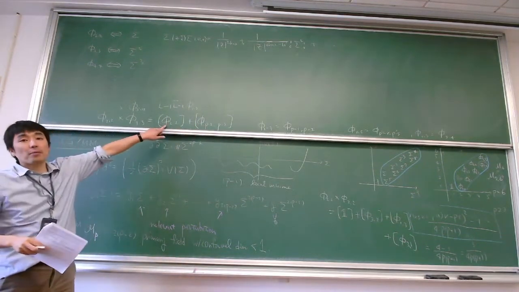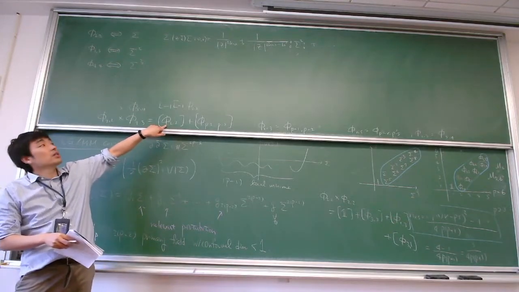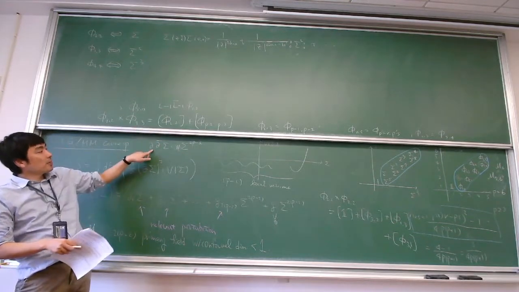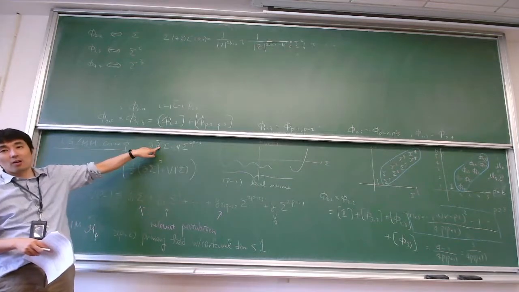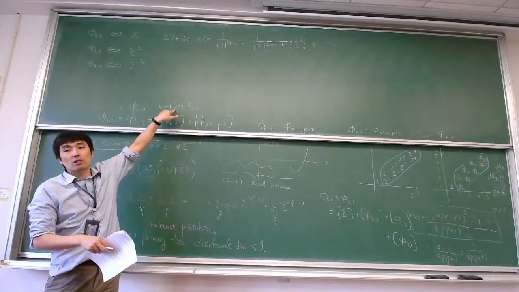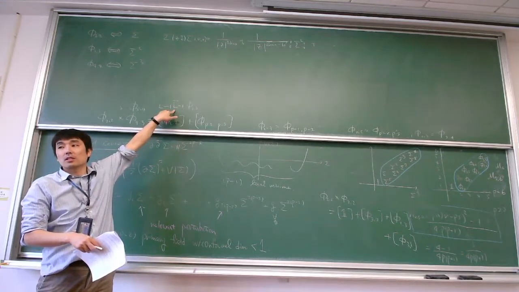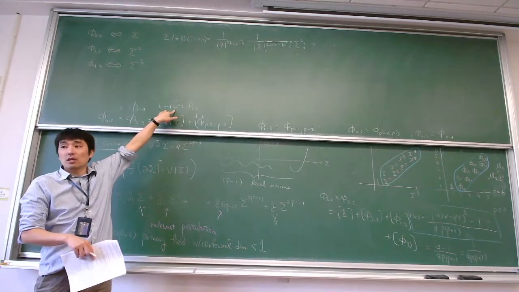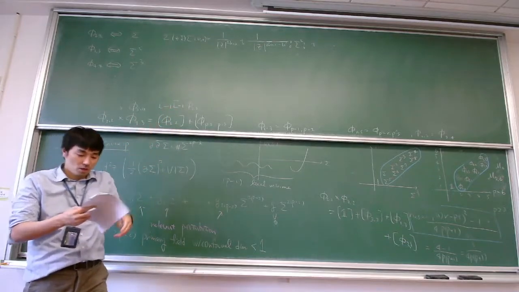It's a conformal primary, so it's not necessarily the primary field. What you get is this derivative and the anti-derivative, the holomorphic derivative and anti-holomorphic derivative, acting on phi 2. The equation of motion tells us, therefore, it's a descendant. It becomes a descendant of phi 2.